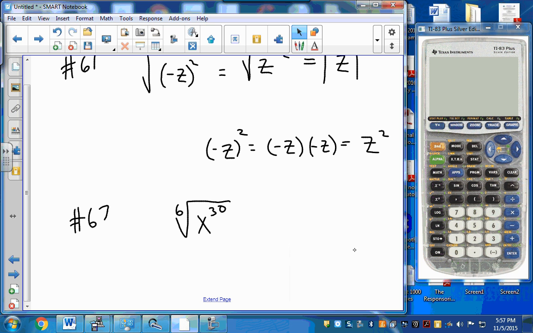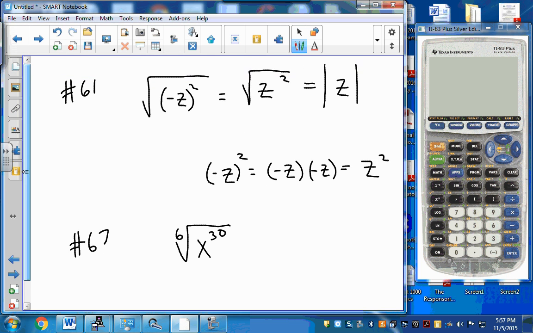Once again, we have a problem similar to here, where you've got an even index and an even power with a variable. I'm not going to write out 30 factors of x. We've got the 6th root, and we've got x to the 6th, and x to the 6th, and x to the 6th, x to the 6th, x to the 6th, and x to the 6th.